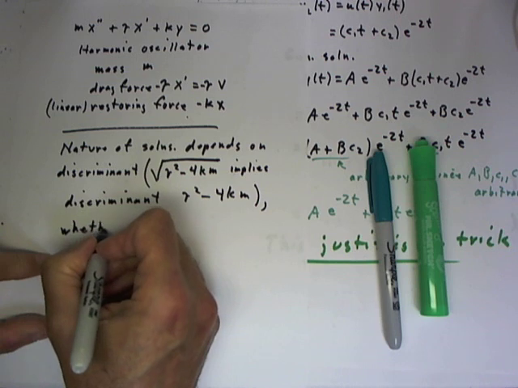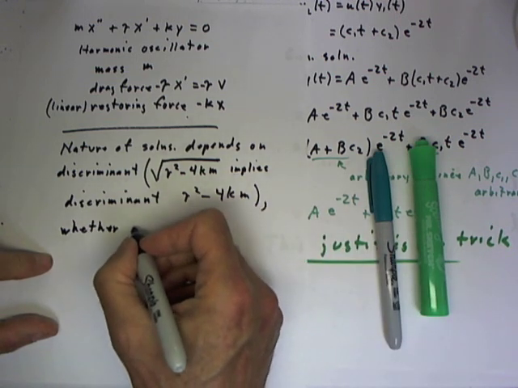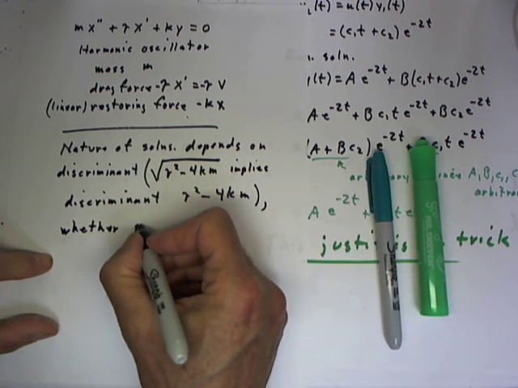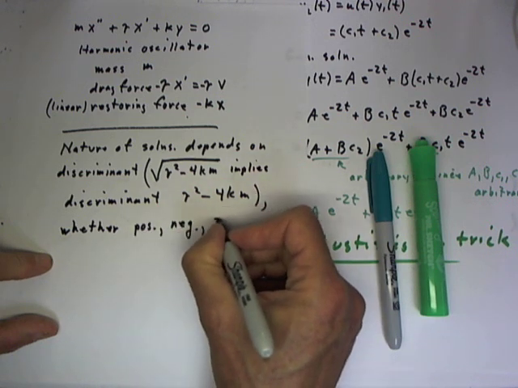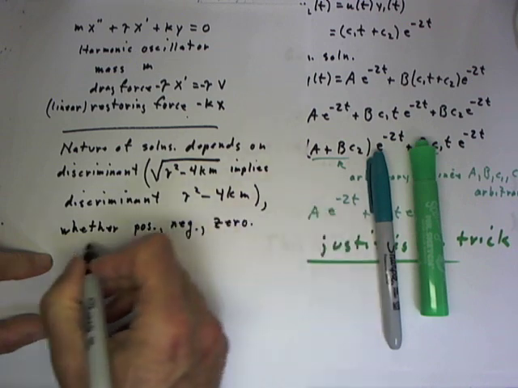And the key is whether the discriminant is positive, negative, or 0.